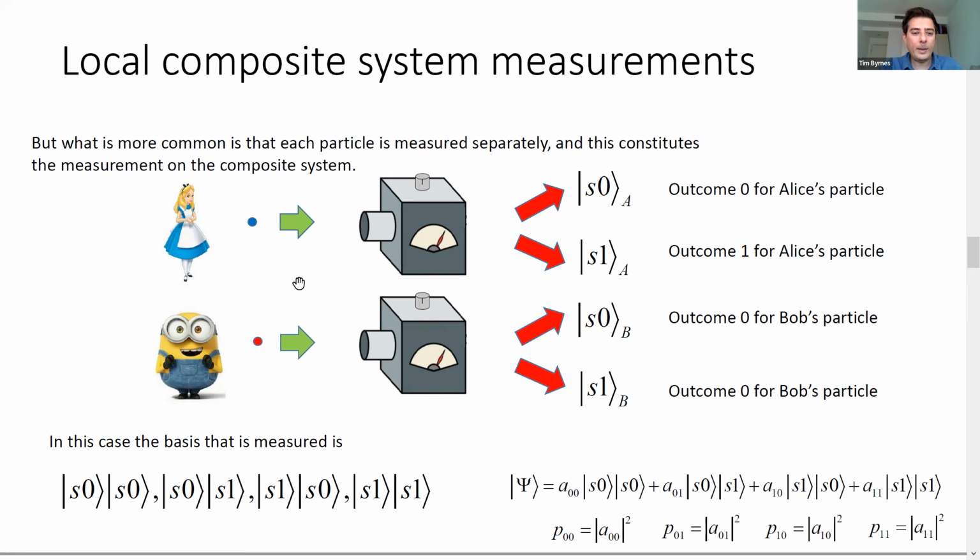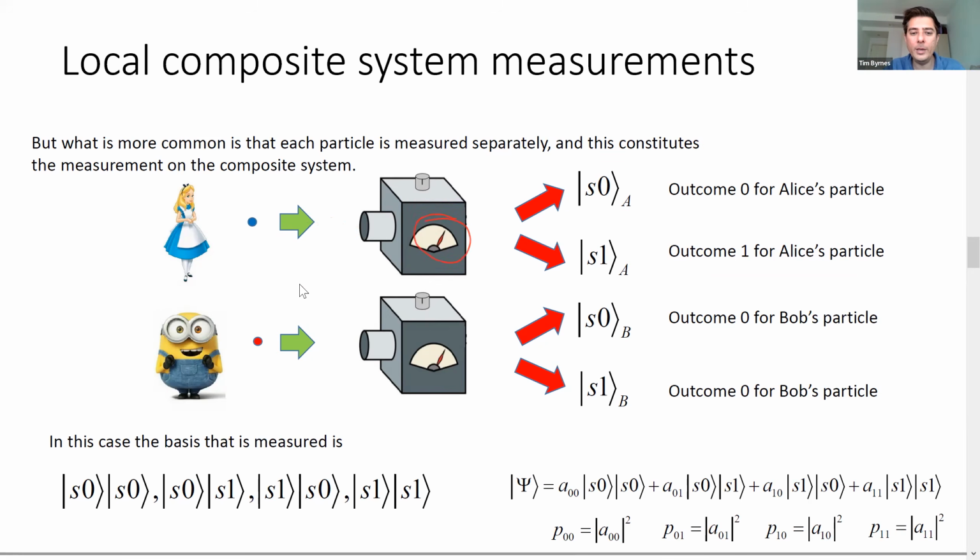So essentially, if Alice measures her particle, it goes into her measuring machine, and say this is a qubit, so there's going to be 2 outcomes.